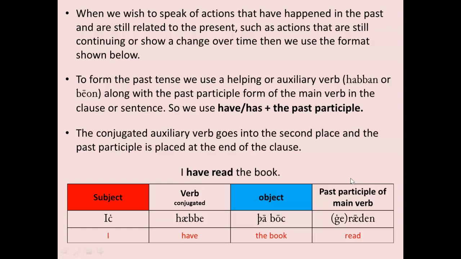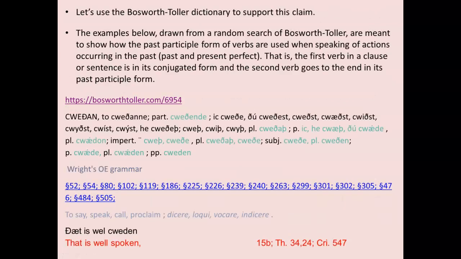And the past participle is placed at the end of the main clause. Now, let's use the Bosworth-Toller dictionary to support this claim that the past participle of the verb goes to the end of the clause. What's the evidence for that? Any of these claims can be checked. Just go back to the Bosworth-Toller, do a random search, and you'll see a pattern repeating itself.